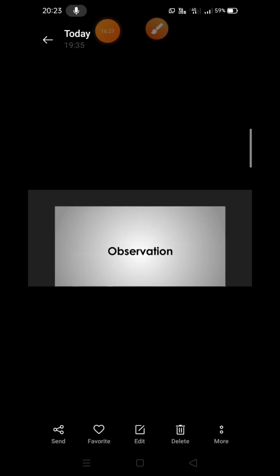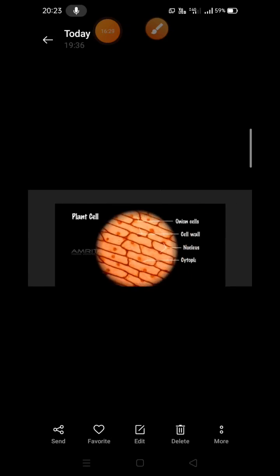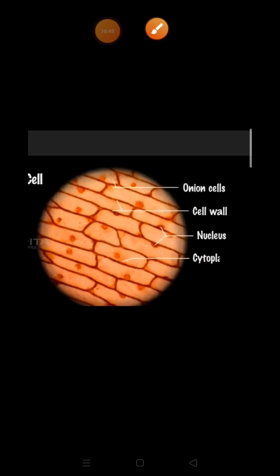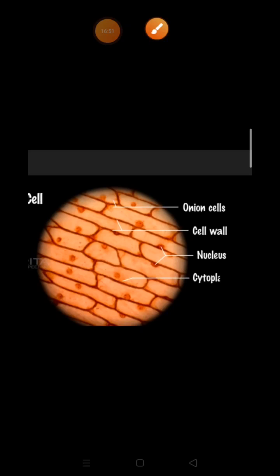Now observation, what we will observe under the microscope. Because it is onion peel which is a plant cell, we will be able to see the cell wall, nucleus and cytoplasm. Because the cell wall is present in the plant cell, then nucleus is there and cytoplasm is there.